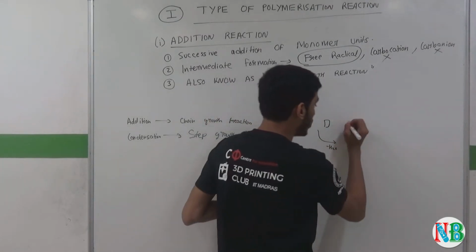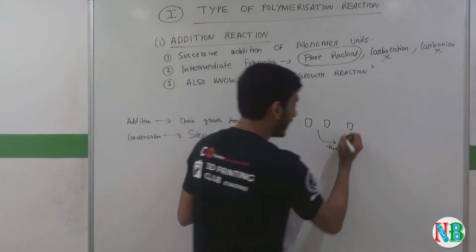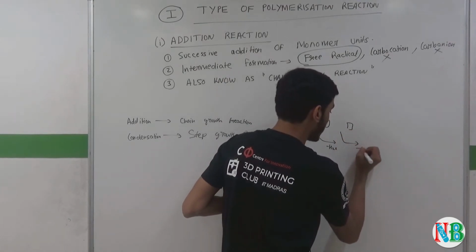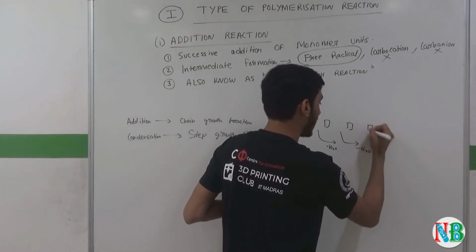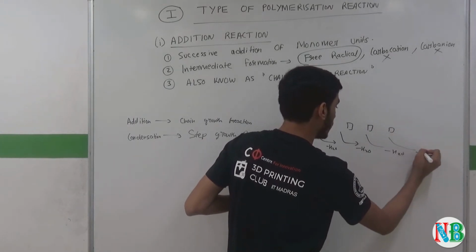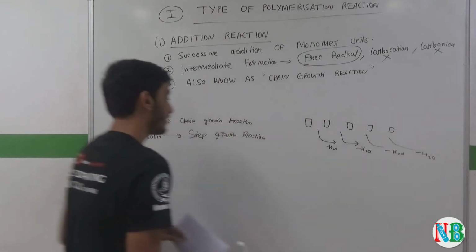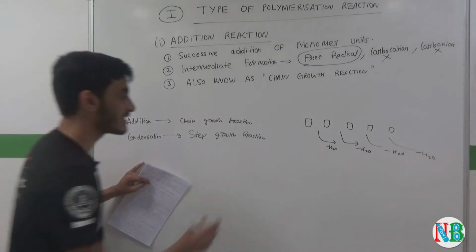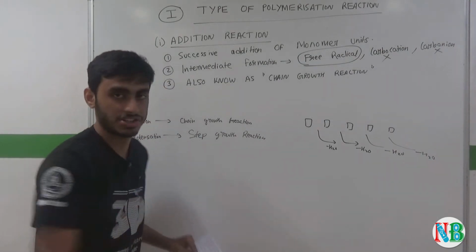Then they add to one more block, again one H2O is eliminated, then again H2O, again H2O. So the second reaction is called a step growth reaction.